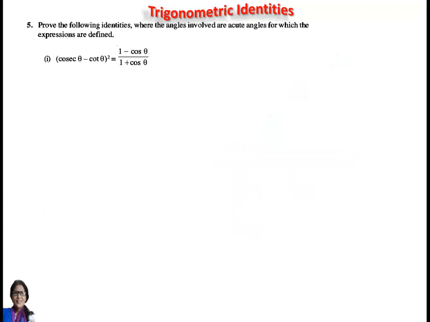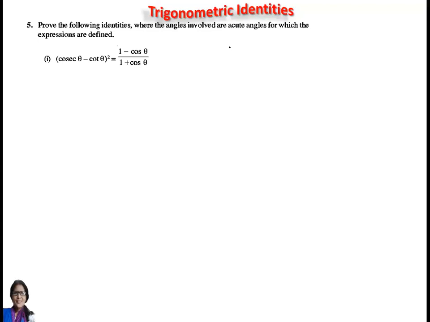So I'm coming to question number 5, which carries 10 identities questions. Prove the following identities where angles involved are acute. You have to prove cosec theta minus cot theta whole square is equal to 1 minus cos theta by 1 plus cos theta.